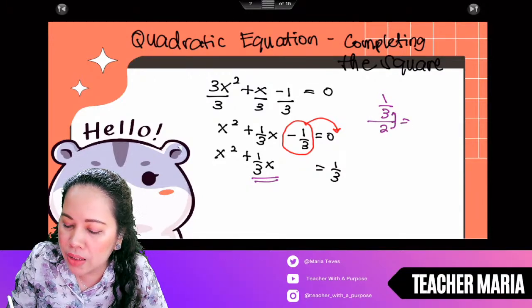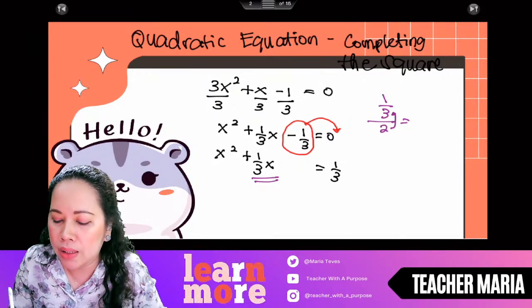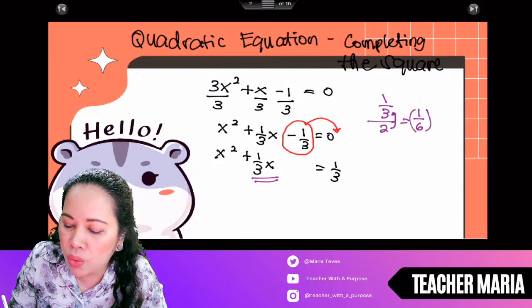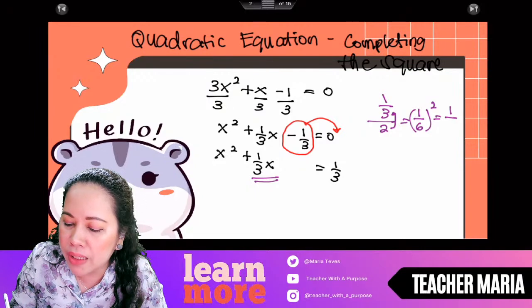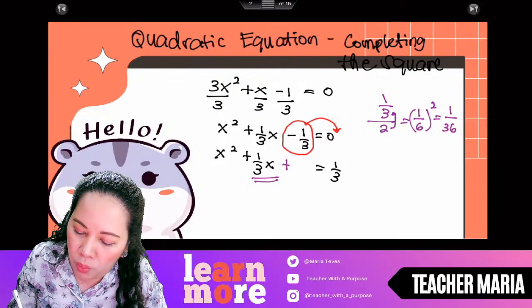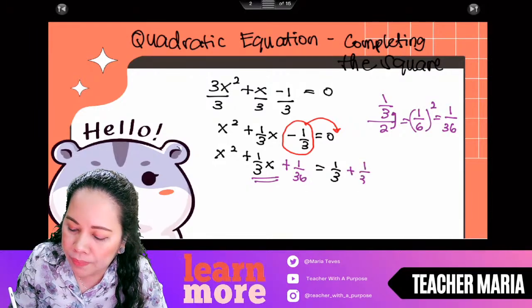When you do this, your 2 actually will multiply to the denominator. So that will be 1/6. Square this, you will have square of 1 is 1. Square of 6 is 36. So you will add 1/36 on both sides.